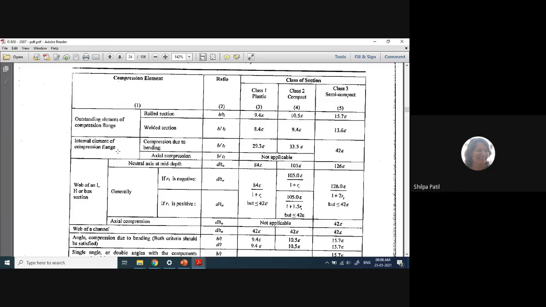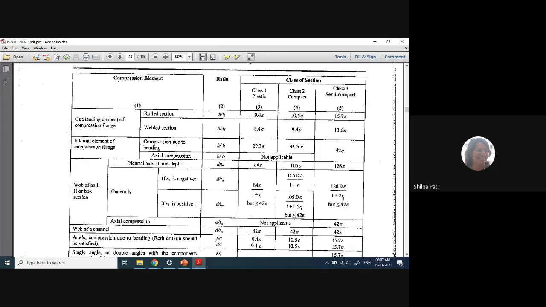Internal element of compression flange. Again, there are two types: compression due to bending, and second is axial compression. Now in the section, the compression will get developed due to bending when we are using a section as a beam. Okay, beam, when we subject it to the vertical downward load or vertical upward load, it will bend.